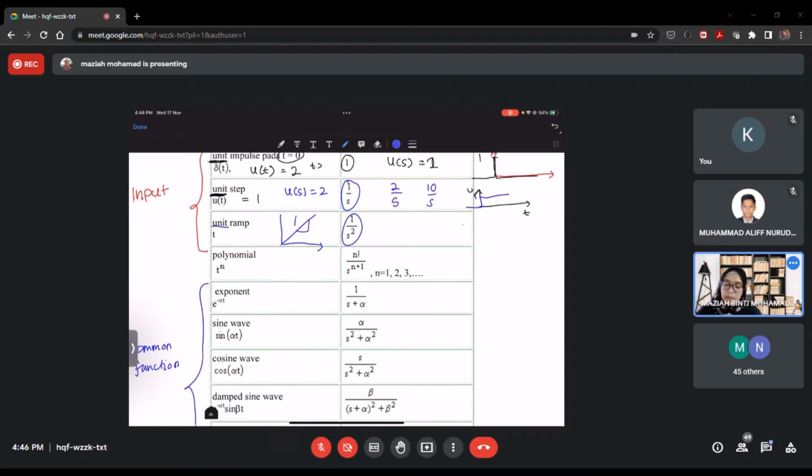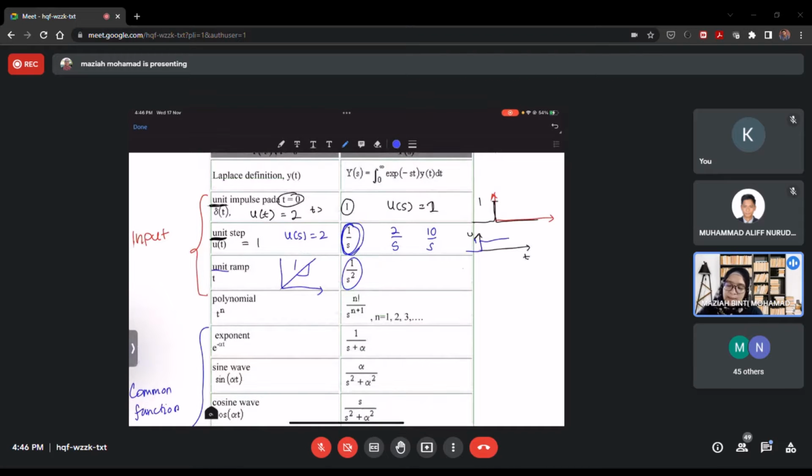You can see here there is 1 over s, for the unit step input. If we inverse to the time function, it becomes 1. So for 1 over s, it is 1.